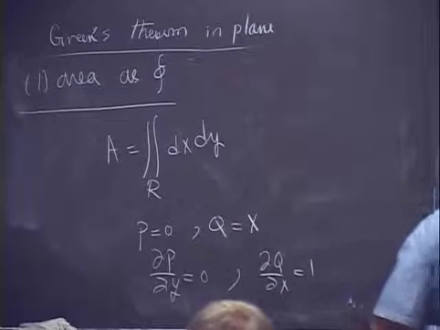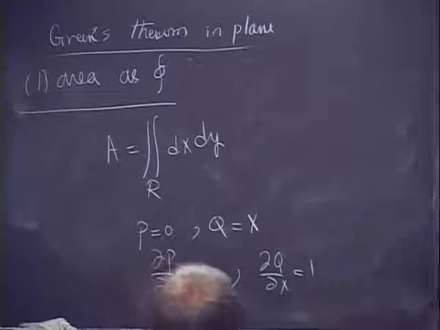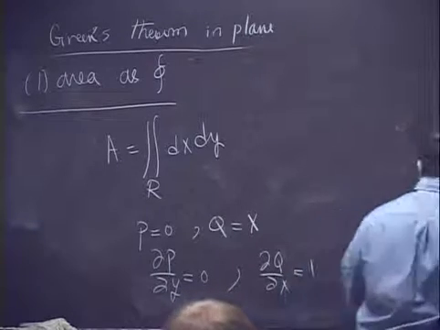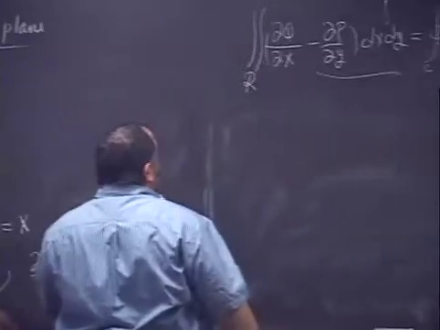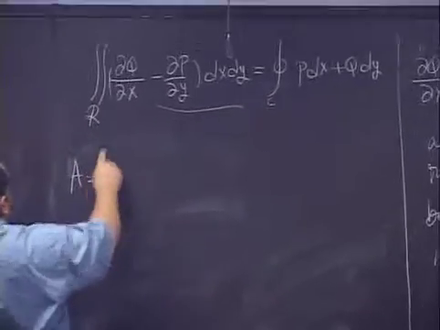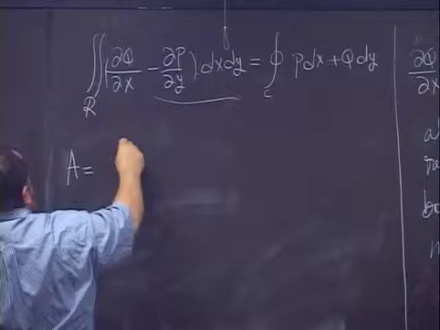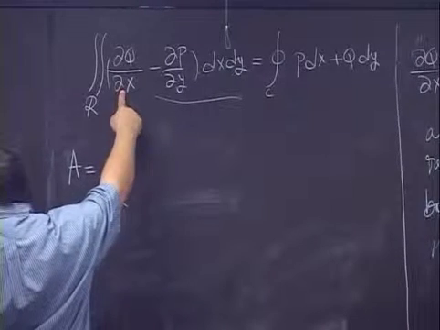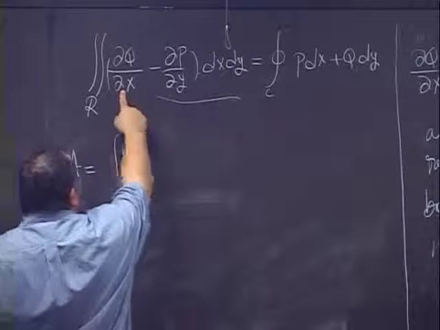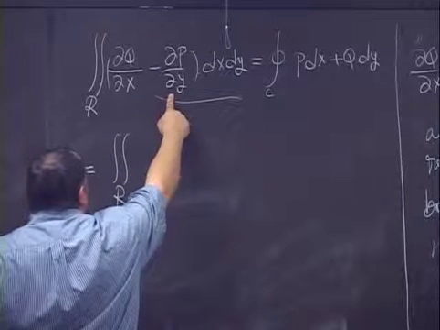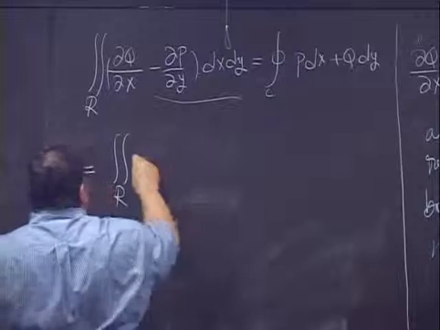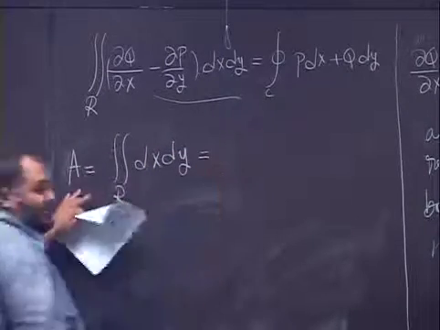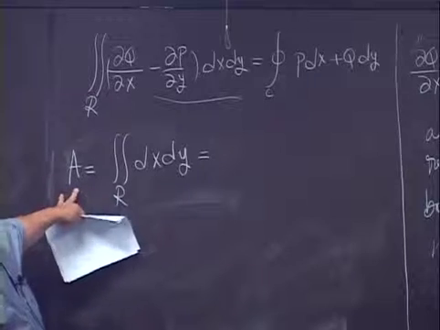Now let's substitute in this equation. What's dQ by dx? 1. And what's dP by dy? 0. So this is 1 multiplied by dx dy over R, which is just the area.